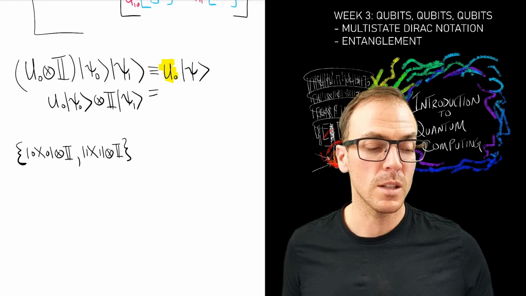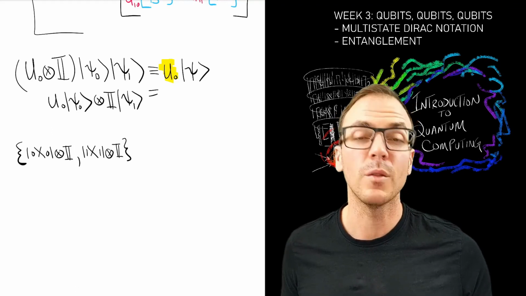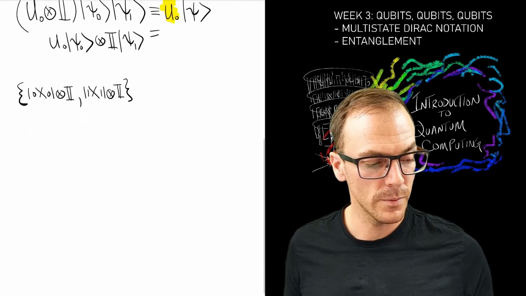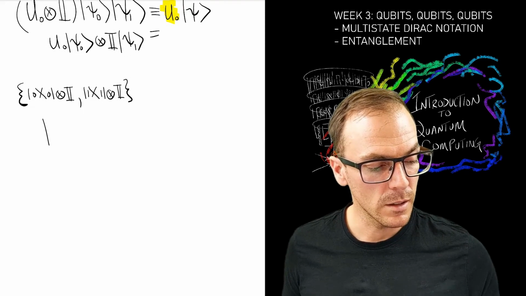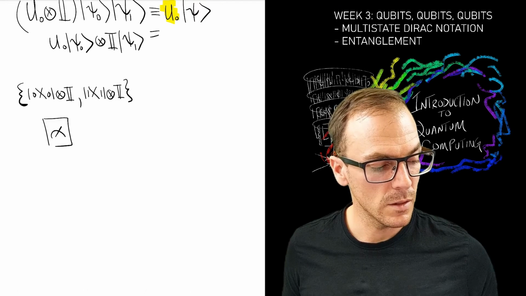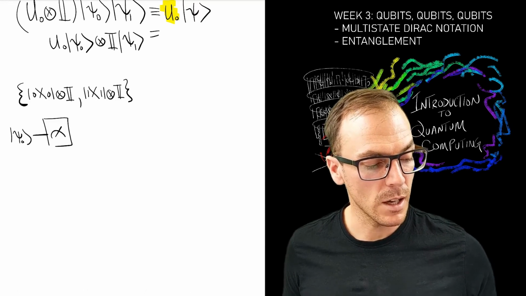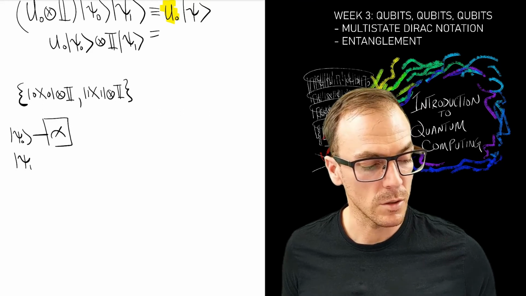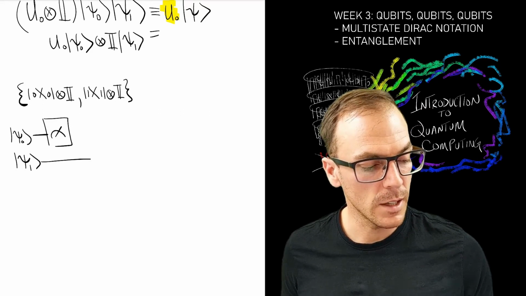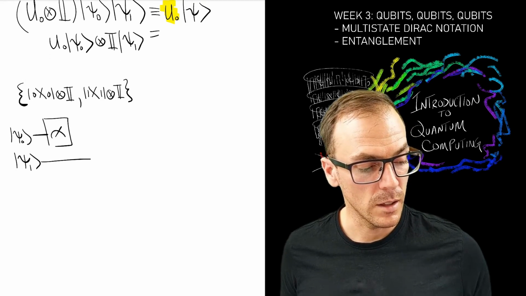So you always stick in identities until the number of dimensions line up. So this here can represent this kind of scenario. I measure psi 0, sorry, but I don't do anything down in psi 1.